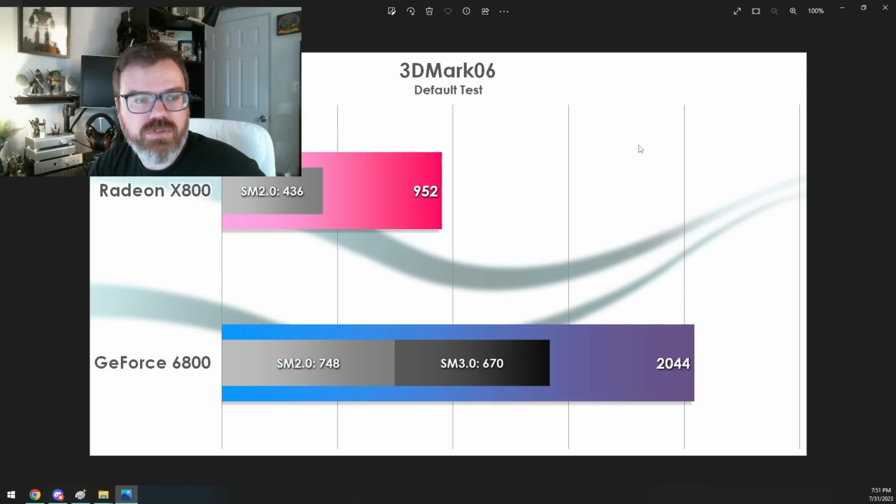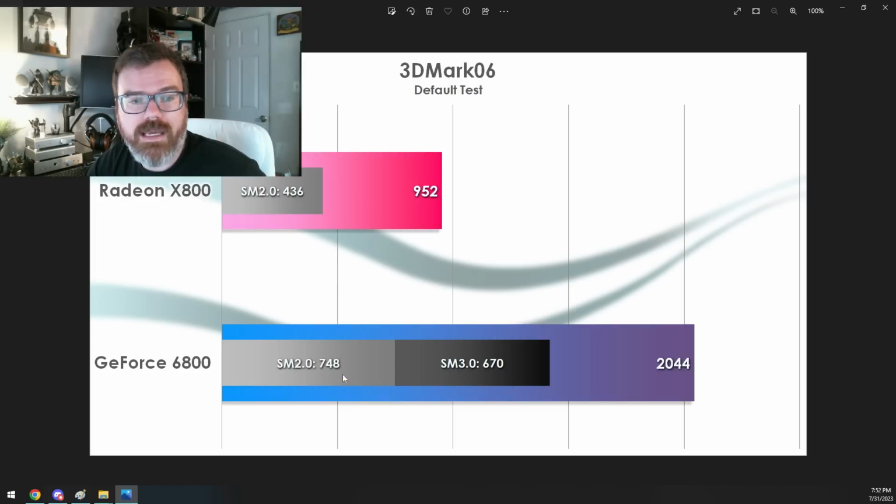Going on to 3D Mark 06. Of course, the Radeon X800 does not support shader model 3.0, so we don't have any results for that, and there is a score penalty as a result. But shockingly, the shader model 2.0 test is dramatically lower than the 6800, and I wouldn't have expected that, except I discovered that unfortunately 3D Mark 06 really demands 256 megs of memory.